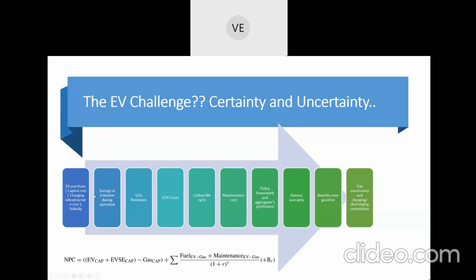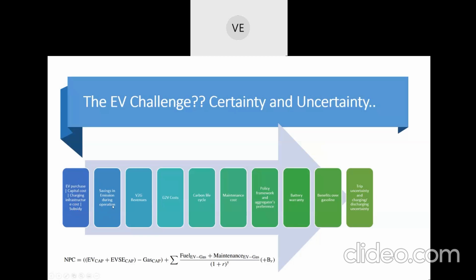While operating EVs, we know that there is savings in emission, but how does it reflect to the end consumer? That reflects in terms of subsidy only, right? While operating, of course, fuel cost is not there, but the reduction in emission is not directly reflecting on the EV owner. He gets a subsidy for the upfront cost, that's all.